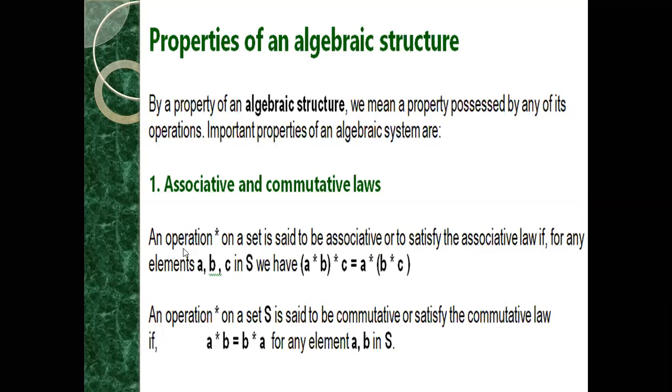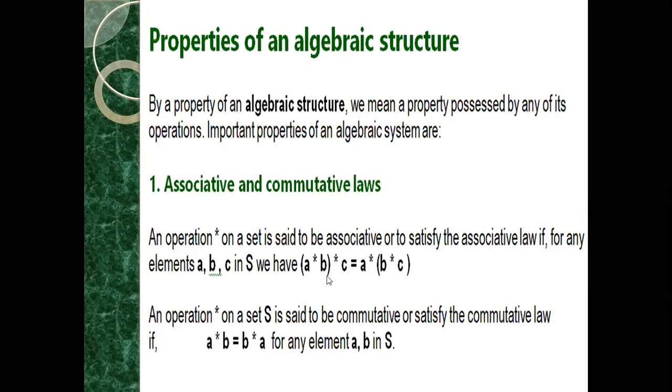Any operation star on a set S is said to be associative, or to satisfy the associative law, if for any elements a, b, c in S, we have the property (a star b) star c is equal to a star (b star c).